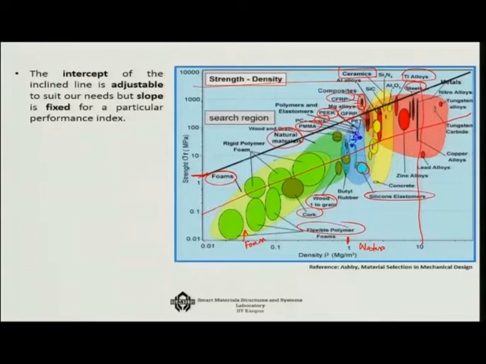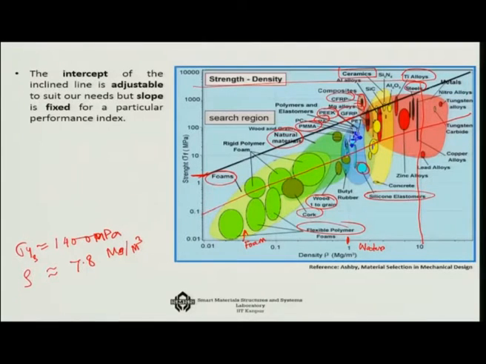So for example, suppose I go to steel. For the steel, sigma y can go up to something like 1400 MPa approximately. On the other hand, the density is approximately 7.8 megagram per meter cube.